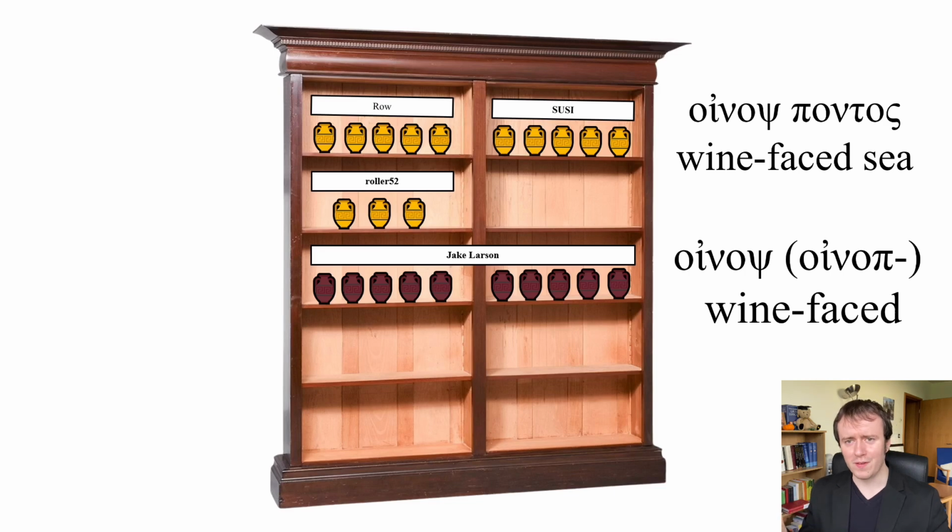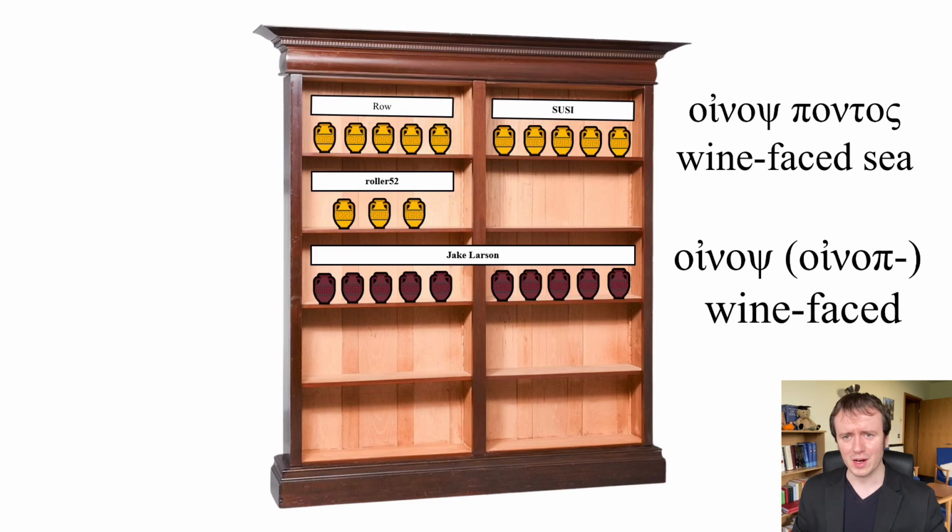We know it means wine-faced, literally, right, from oinos and ops. However, we're not sure what Homer means by it. He describes the sea as wine-faced. And there are different theories about it. In particular, I know that some scholars have suggested that wine would have been a bluish colour in ancient Greece due to the alkaline water used in it.